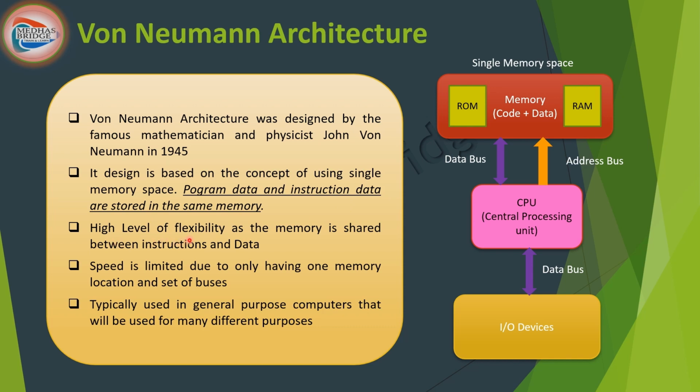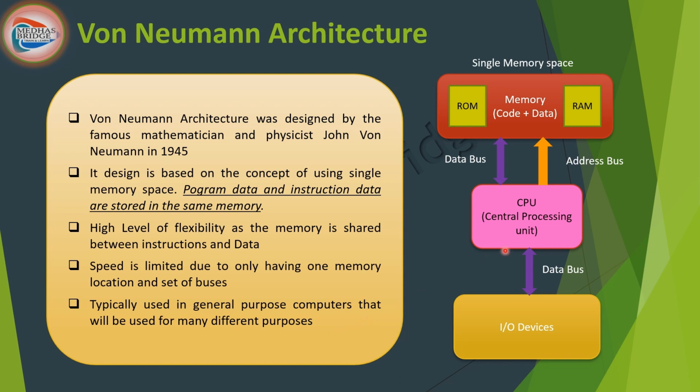It has a high level of flexibility as the memory is shared between instructions and data. Speed is limited due to only having one memory location and set of buses. It is typically used in general purpose computers that will be used for many different purposes.